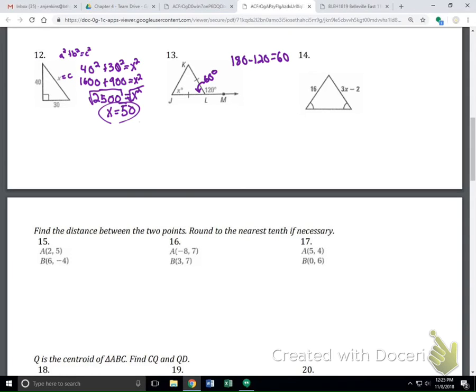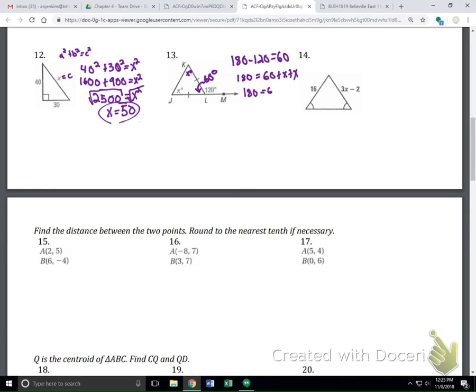Based on that, we also know that this triangle tells us that the two sides are congruent, which means that these angles are congruent. So that means that this is also x. Now that we have that, we know that 180 equals 60 plus x plus x. You might see where this is going because you know something special about the 60.